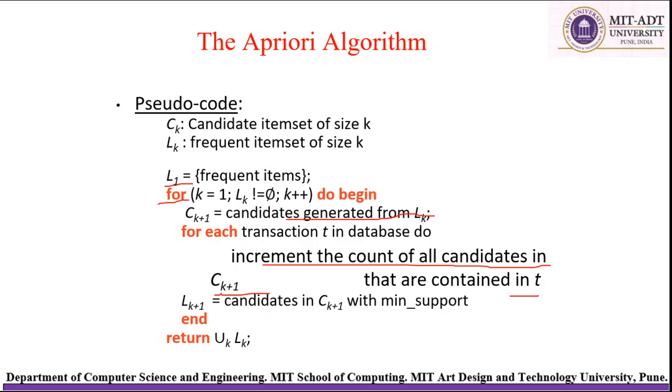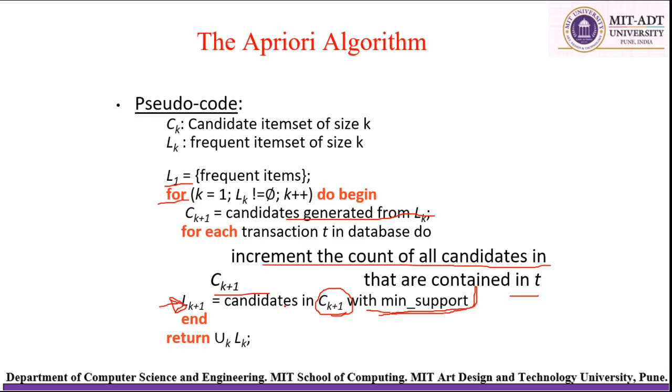So once you have the candidate item sets, we'll apply the minimum support. The candidate item sets in Ck plus 1 which satisfy the minimum support, that is, have support greater than the minimum support, are added to Lk plus 1. So that is the frequent item set added in the new set Lk plus 1.